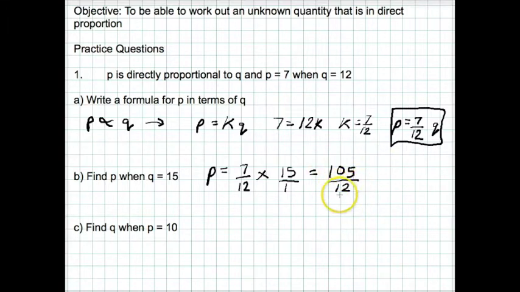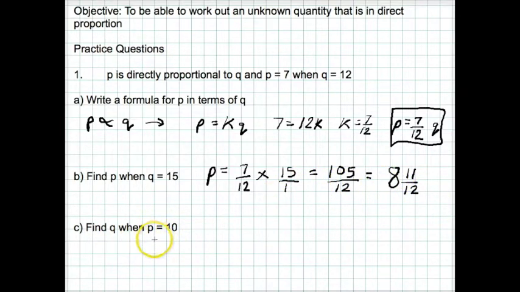We've got an improper fraction, so how many 12s go into 105? Well, 12 into 105 goes 8 times, 8 12s are 96, so I've got 11 left over. So I get my answer as 8 and 11 over 12. So when Q is 15, P is going to be 8 and 11/12.